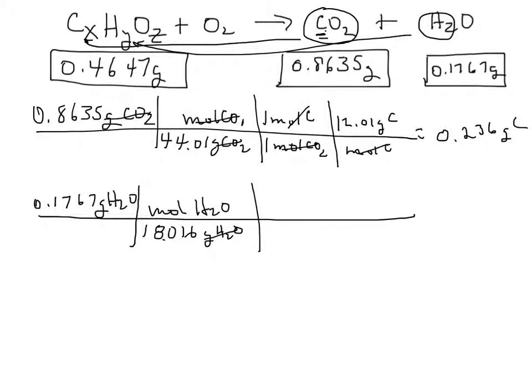Now we would have the moles of water. In looking at this, there are 2 moles of hydrogen for every mole of water. We're not dealing with H2O now, but just H. And the molar mass of just hydrogen itself, not a mole of the compound, but just a mole of the gas.